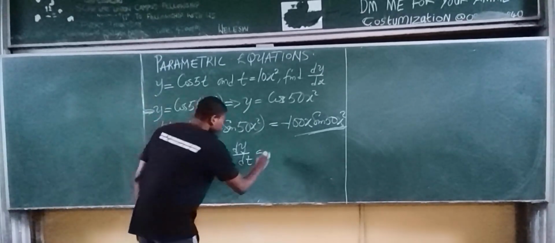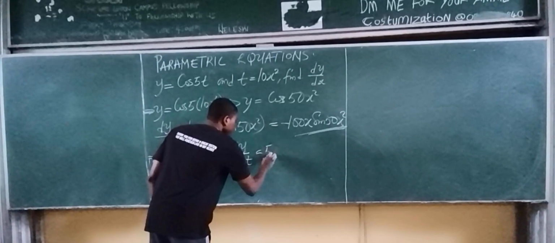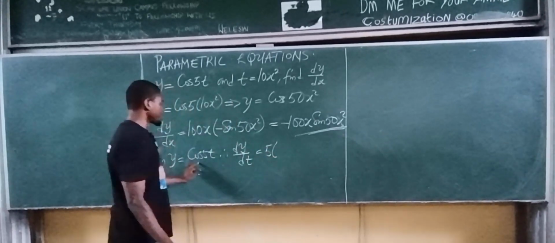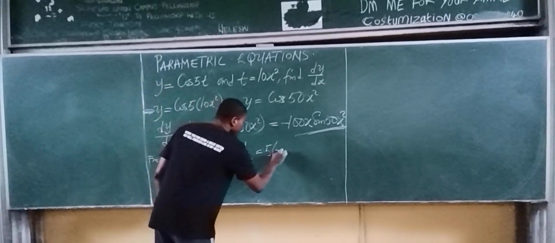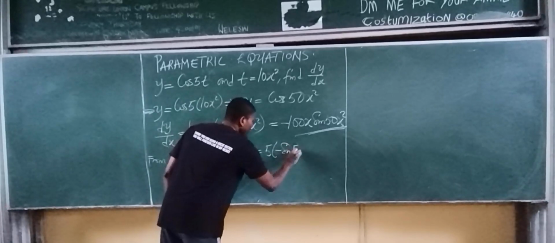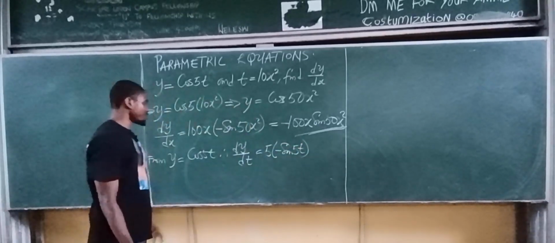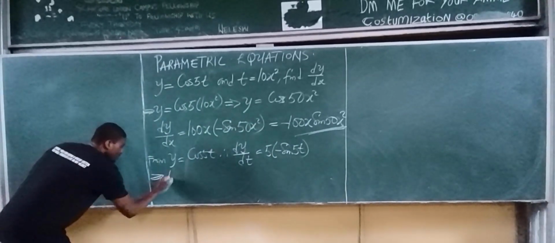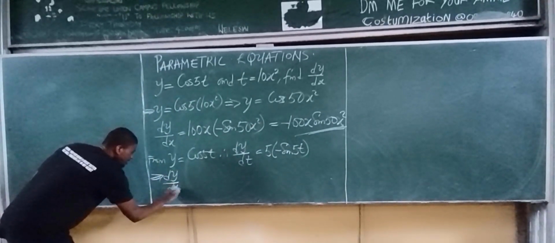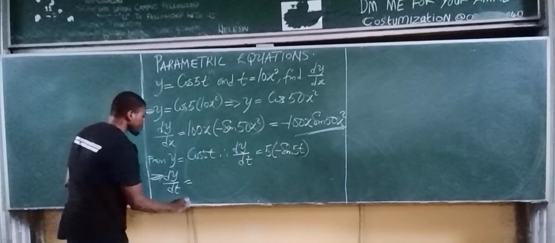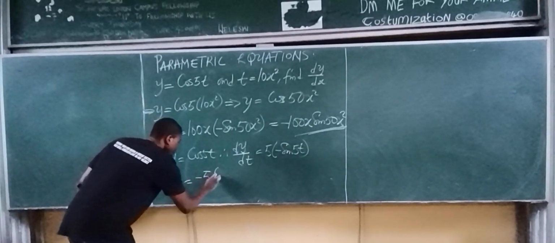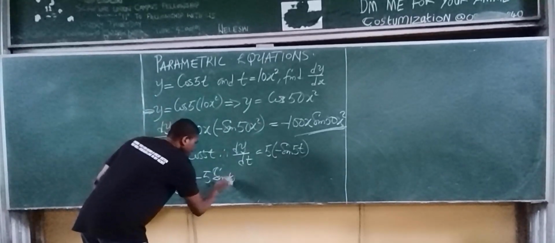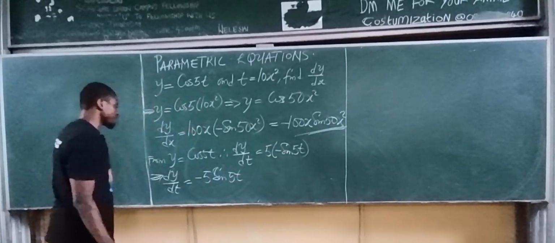So I'll simply have 5 multiplied by the derivative of cos 5t, which gives me minus sine 5t. Of course, if I differentiate cos, I'll have minus sine. So this simply implies that dy/dt itself is now equal to minus 5 sine 5t. Keep this aside.